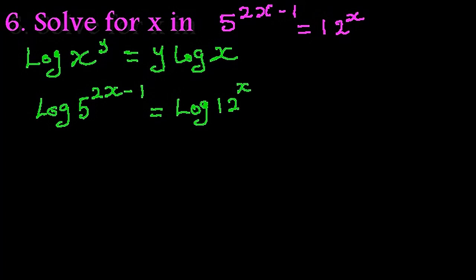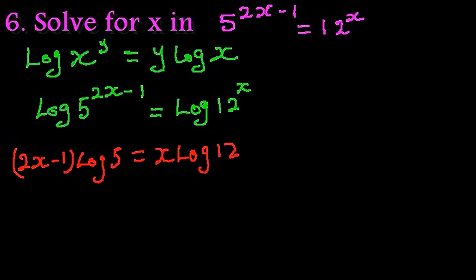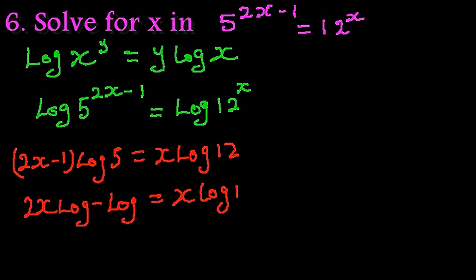Now applying this rule, you say 2x minus 1 into bracket, the logarithm of 5 is the same as x, the logarithm of 12. Here we open the bracket, so we have 2x multiplied by log 5 will be 2x log 5. Here minus 1 multiplied by log 5 will be minus log 5 is equal to x, the logarithm of 12.